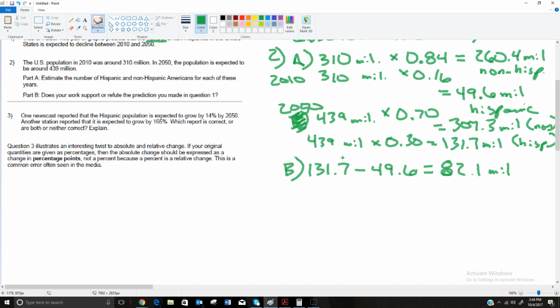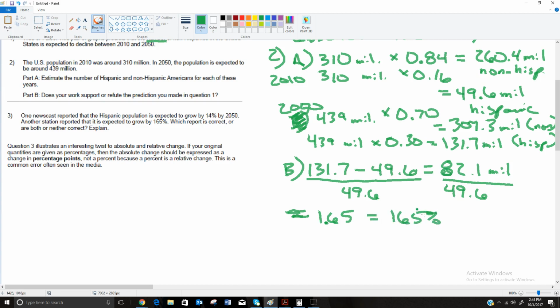So remember, this is our end minus our start. If we divide by our start, which was 49.6 million, that's where we're getting this. It comes out to be approximately 165%, because it comes out to be 1.65 when you divide. So 165%.